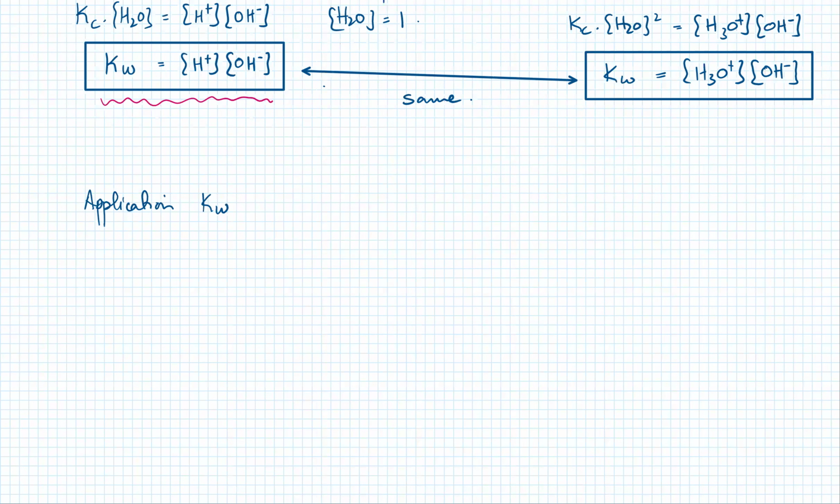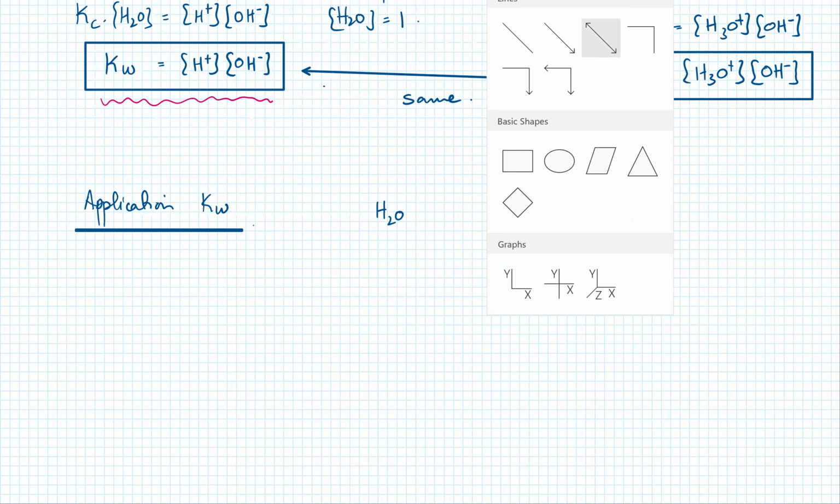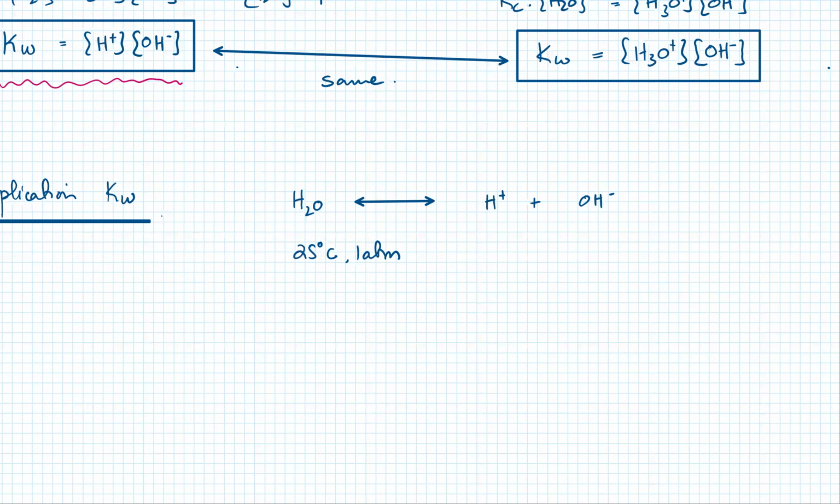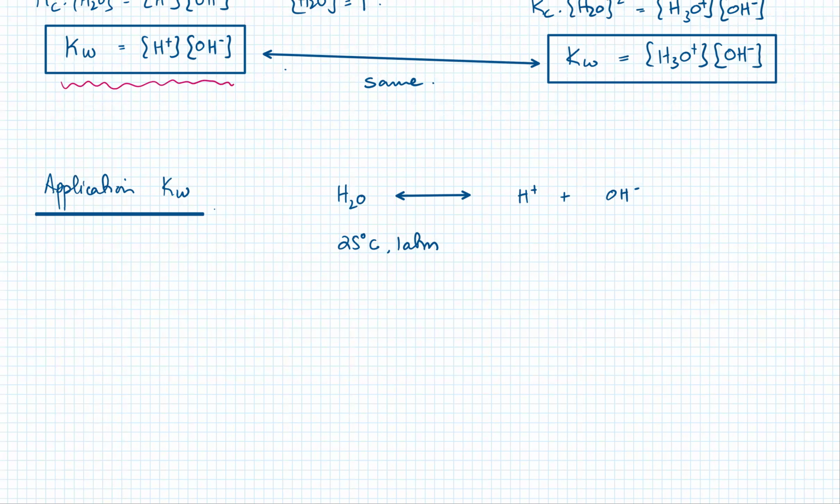The first thing that is extremely important is that almost every reaction on planet Earth happens in water. When water ionizes, it produces two ions: H plus one and OH minus one ions. Under standard conditions, at 25 degrees centigrade and 1 atmosphere pressure, the amount of H plus one and OH minus ions is very small.